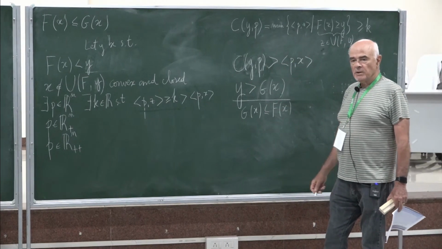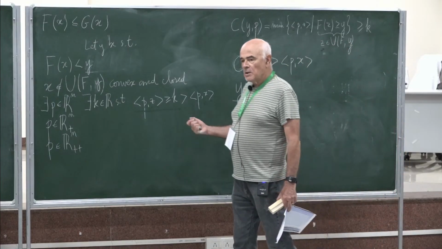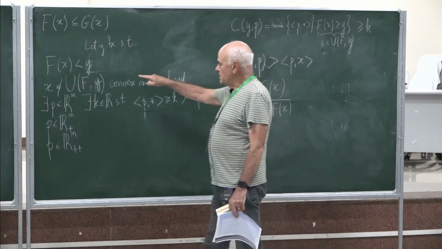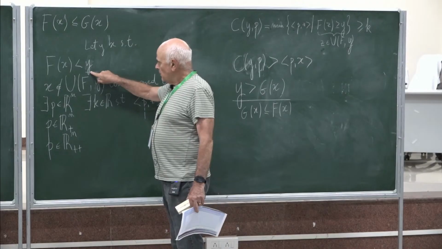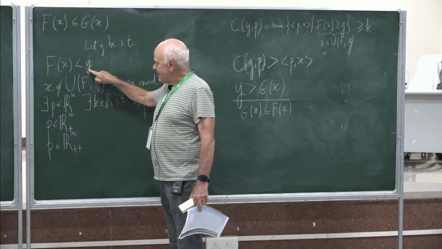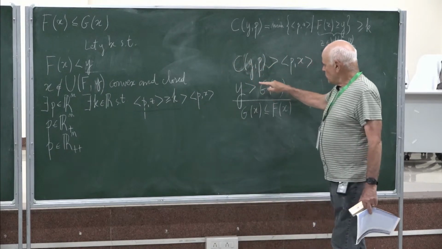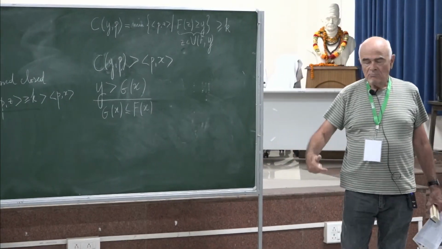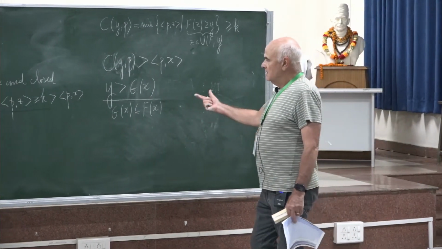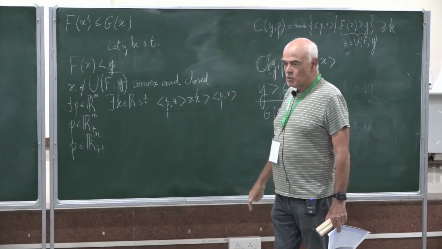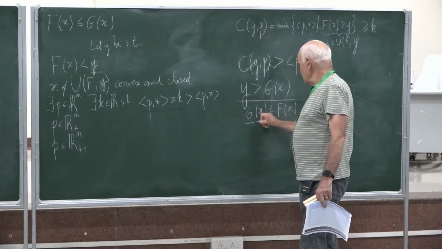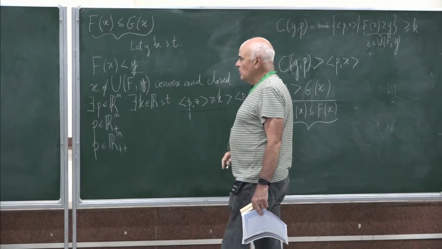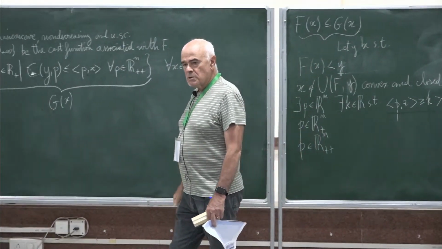We have used this argument a million times. Since y is an arbitrary number greater than f of x, let y tend to f of x. So going to the limit, here we get f of x greater than or equal to g of x. Present the proof the way you like now or as I did initially by contradiction. Anyway, we have this and that, so we conclude that equality holds.